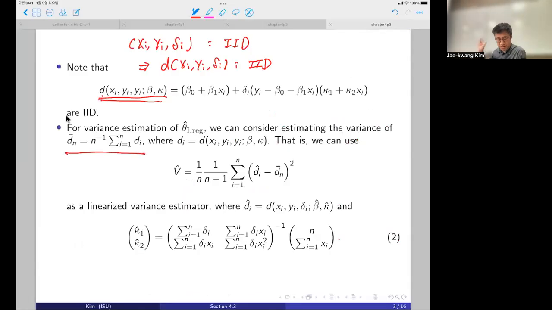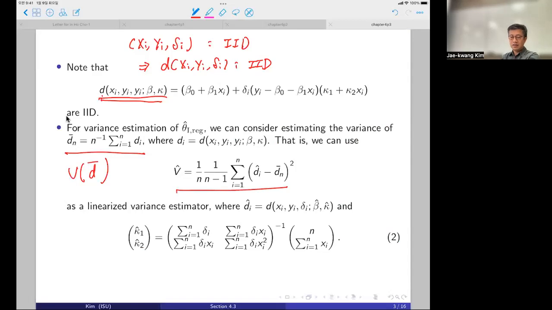Okay, so now let's do a mental exercise. Suppose you observe di. di is just another random variable. Then it's very easy because it's just computing the sample mean of the di's, right? We are interested in the variance of d bar, which is just this.